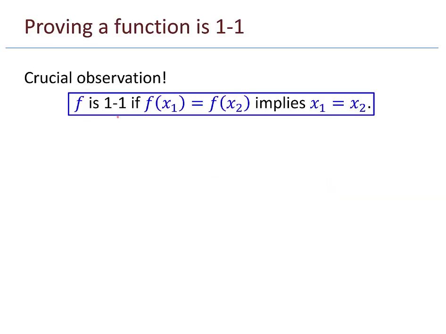Here's a crucial observation. F is one-to-one if f of x1 equals f of x2 implies x1 equals x2. That's kind of the opposite from the definition. The definition said x1 not equal to x2 implies f of x1 does not equal f of x2.